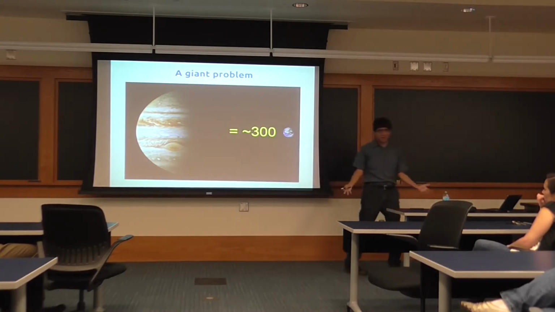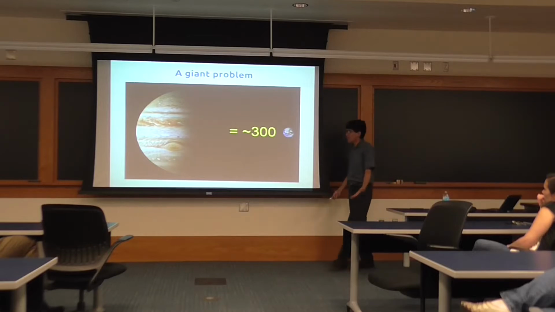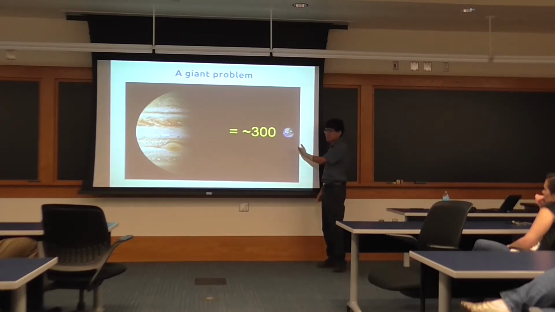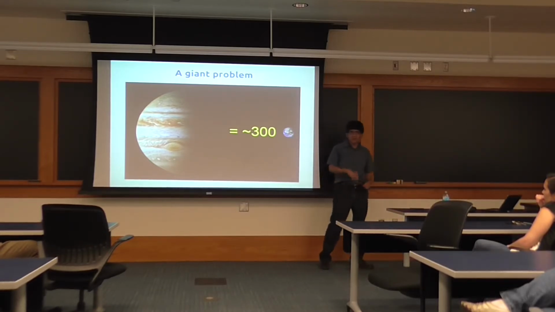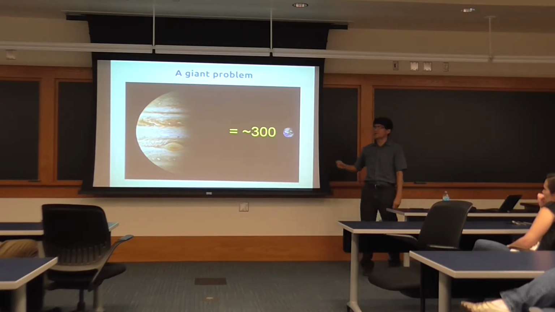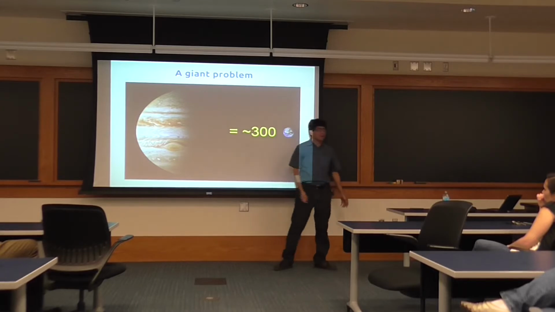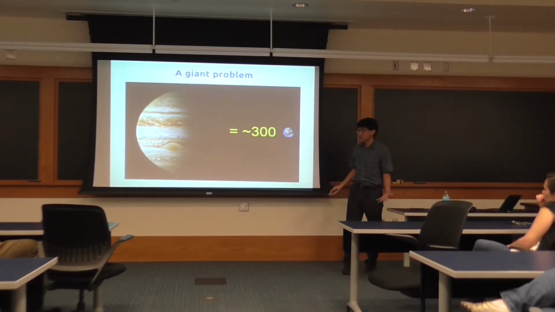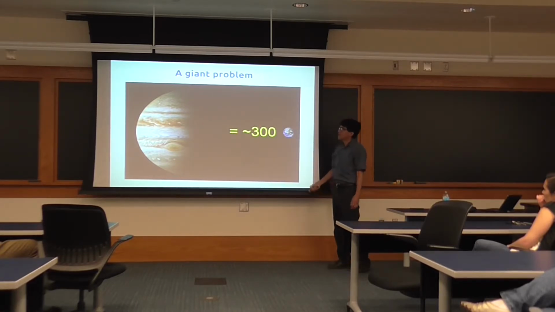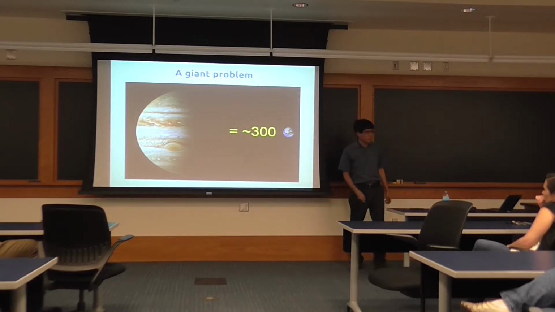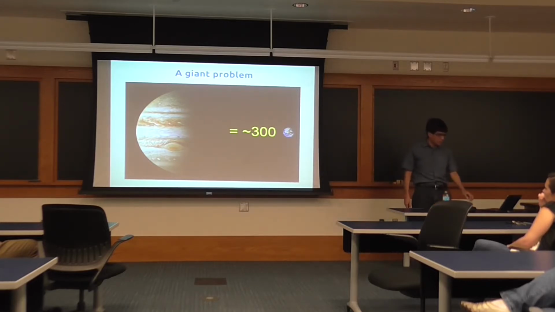Jupiter dominates the solar system. So why are we saying that this is a signature of these little tiny things that are floating around in the solar system when we have a planet that clearly dominates it? Why is that not a signature of Jupiter instead? Jupiter is 300 times more massive than Earth. So this is a problem we need to address first.